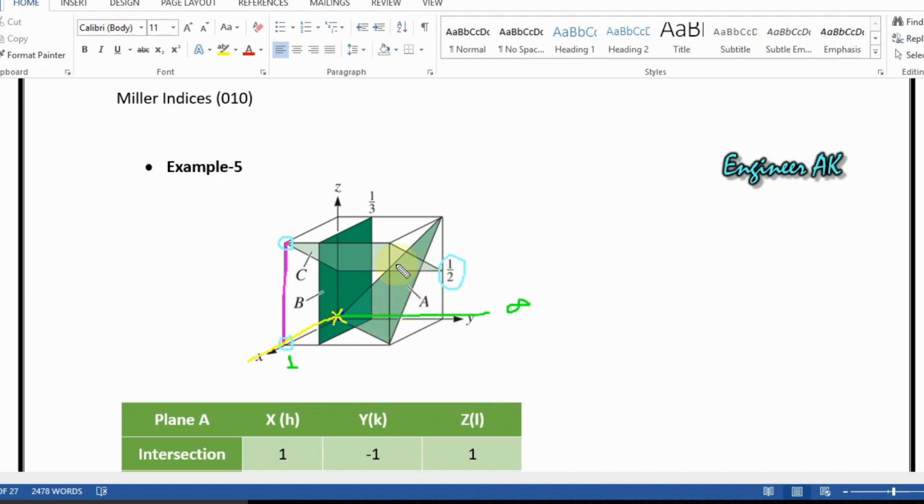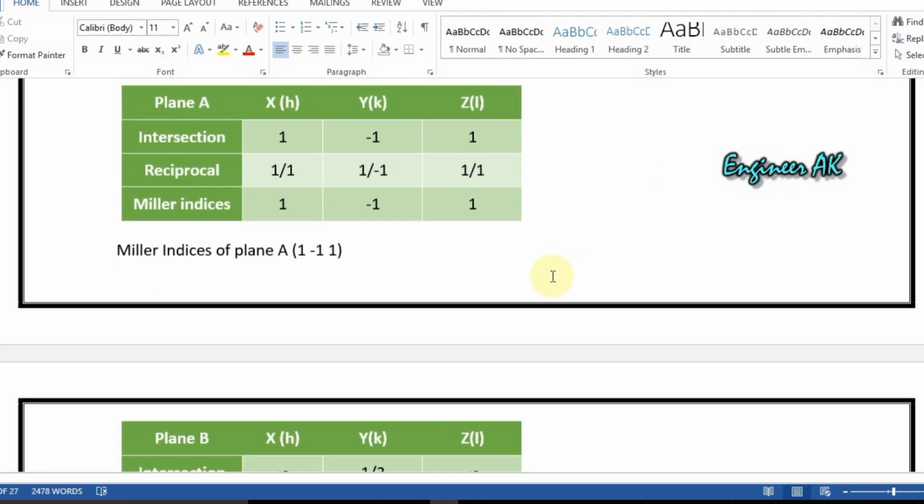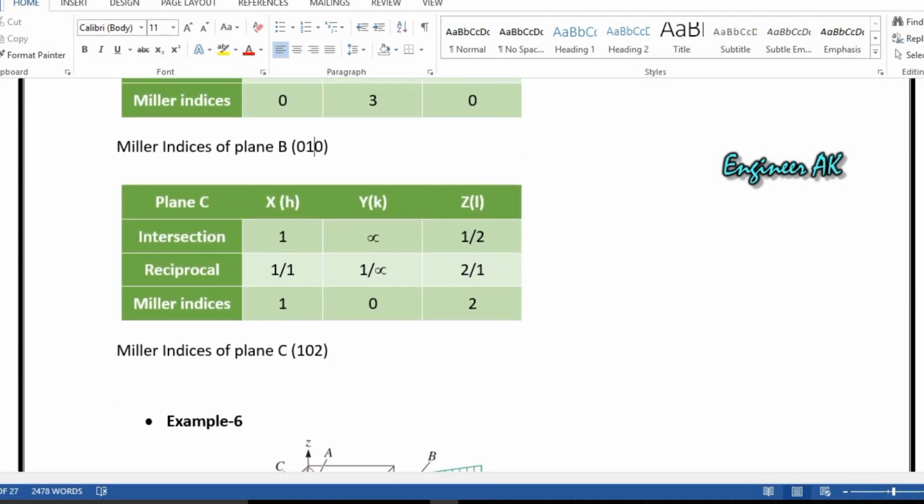So at the x-axis it is 1, at the y-axis infinity, and at the z-axis 1/2, right? So let's move toward its table.